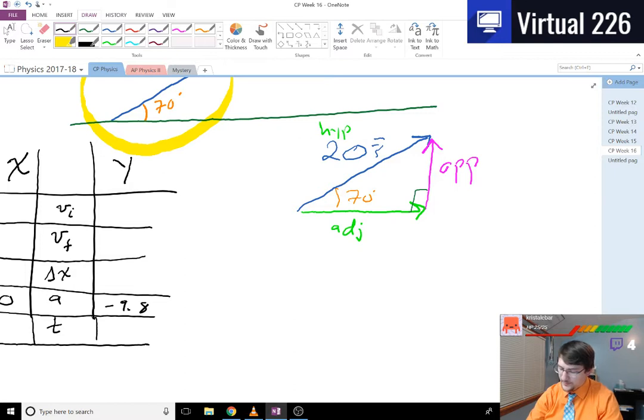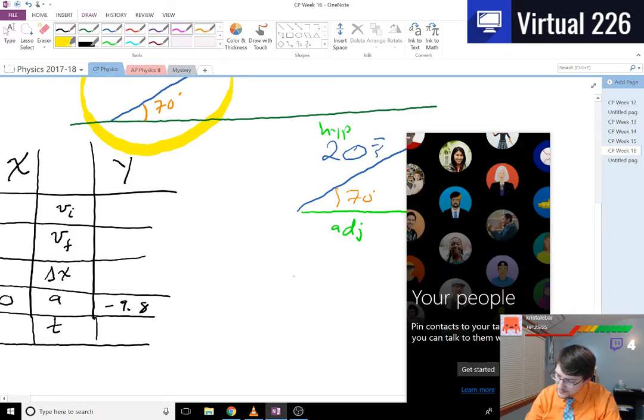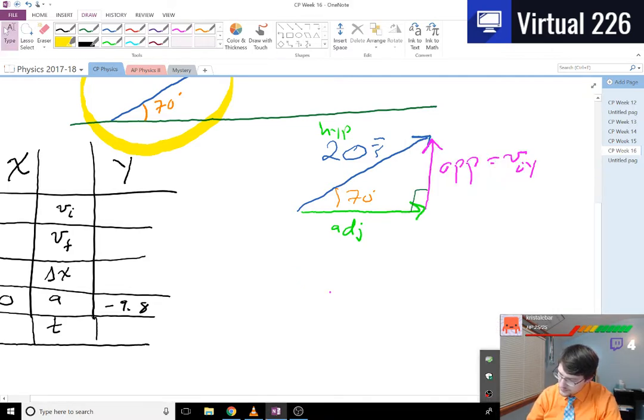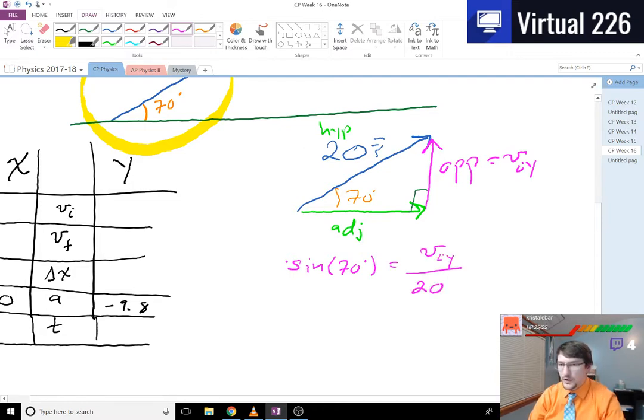Okay, so looking at our triangle here, if I want to find the opposite side, which is equal to the initial y velocity, I can say that the sine of 70 degrees is equal to the initial y velocity over 20 meters per second.